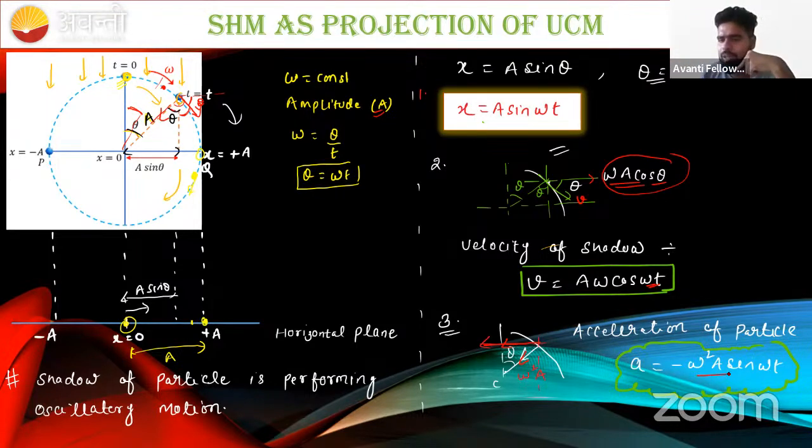This is nothing but minus omega square A sine omega t. I hope you can understand what SHM is: the projection of uniform circular motion. And you can feel that we can solve a very tough problem using uniform circular motion within seconds. Okay, let's see.